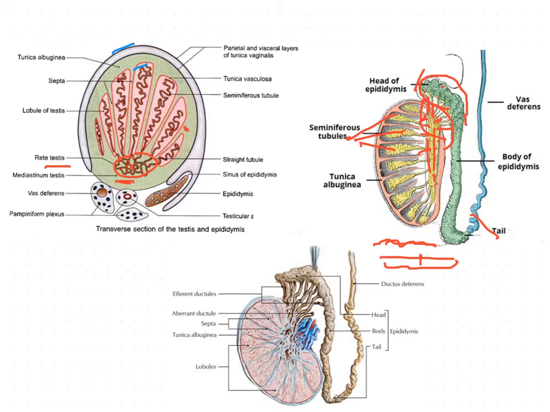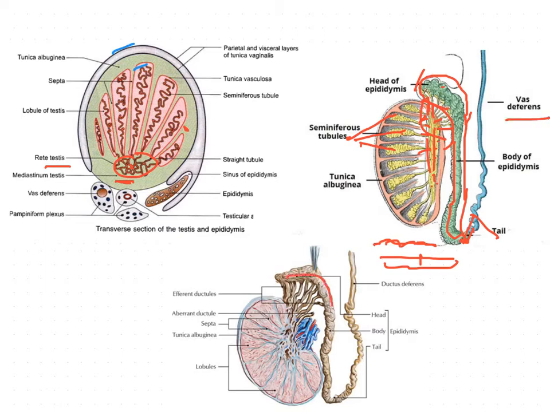After forming all this highly coiled structure, the tubules end up into a single duct, called the body of the epididymis, and the tail of the epididymis, which continues as the ductus deferens or vas deferens.